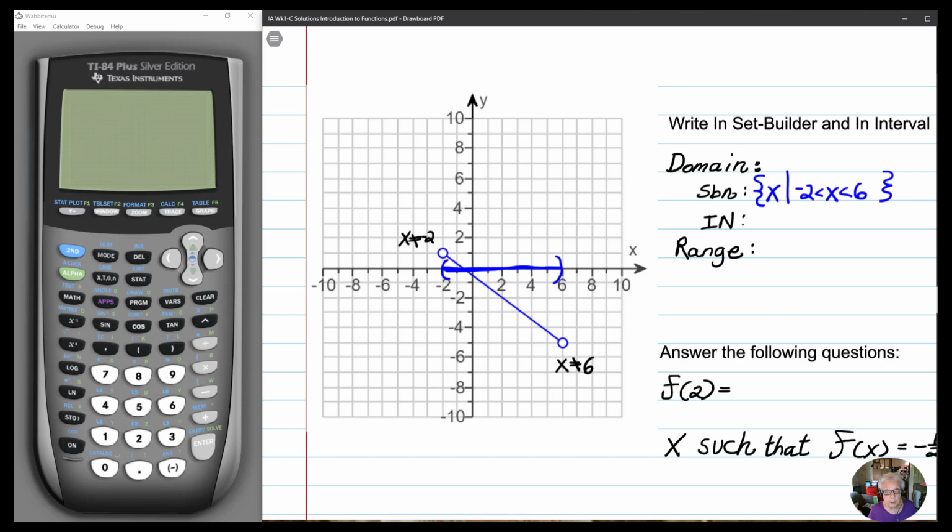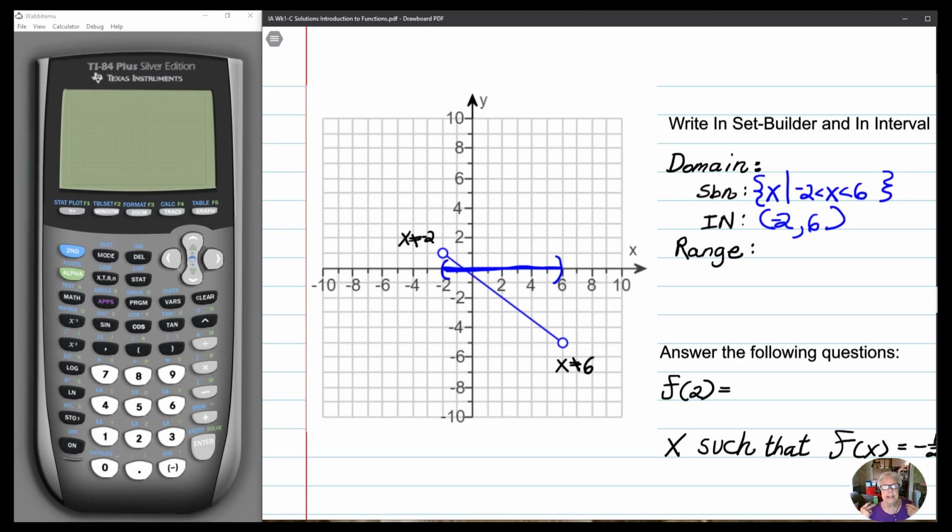Now in interval notation, I like interval notation so much more because it looks just like the graph, almost. -2, +6 with a comma in between. You can mistake that for a point, so you have to look at what you're doing.